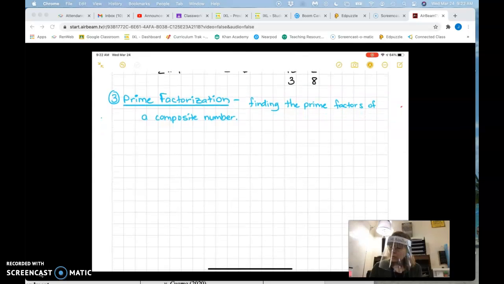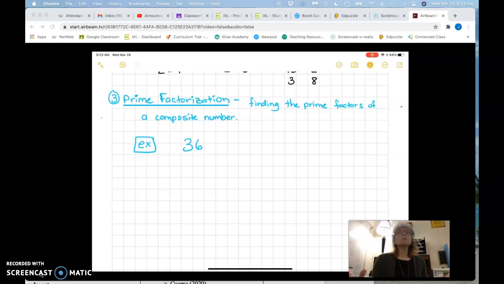So when we do factoring, we usually start with a number that is composite. That means it has more than two factors. And what I'm going to do is find some numbers that equal that number. I'm going to start with 6 and 6, but you could start with 3 and 12.